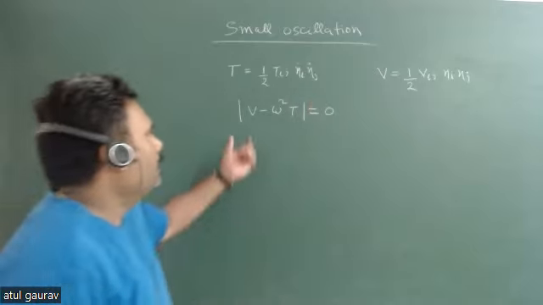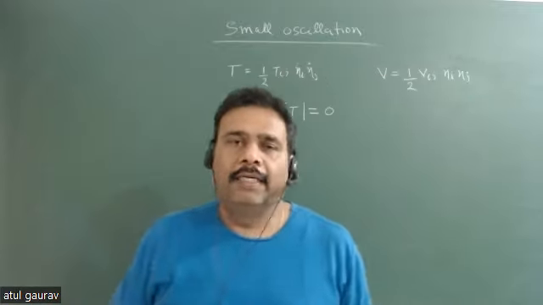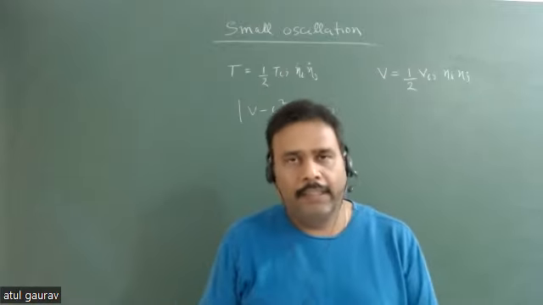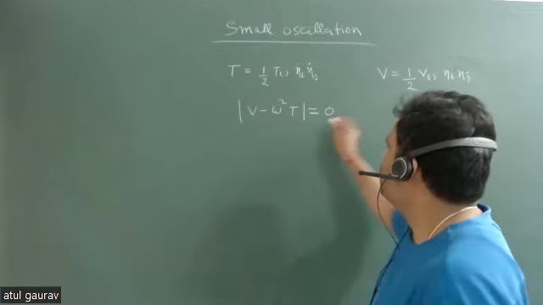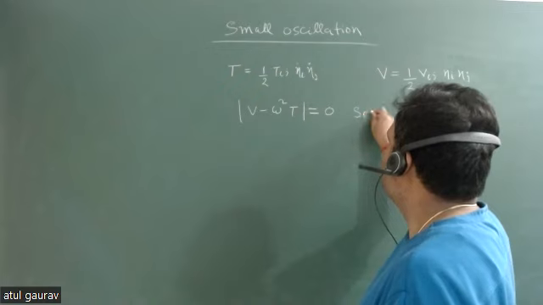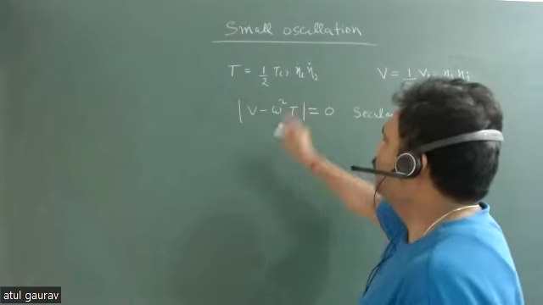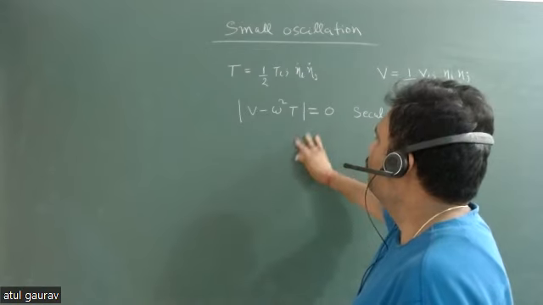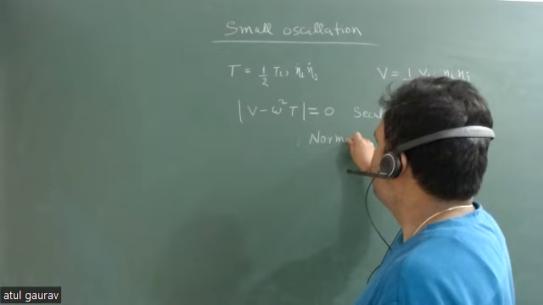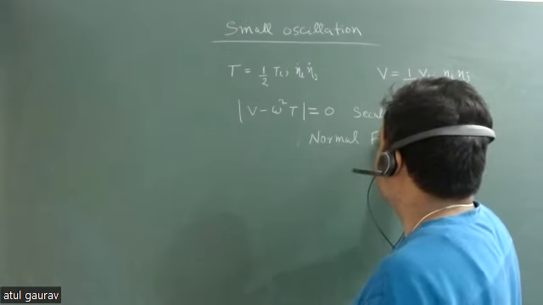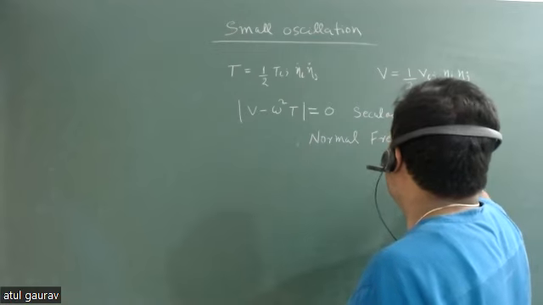Obviously, if we have n degrees of freedom, then there is an n cross n matrix for T as well as V. And once we solve this secular equation, we can find the normal frequency and normal mode.